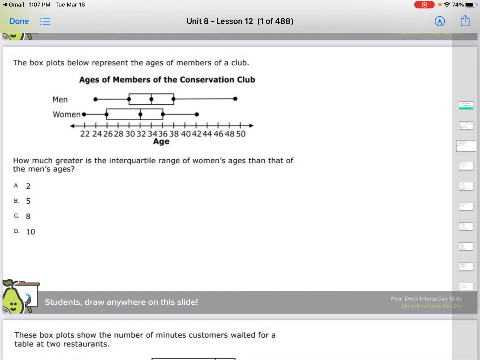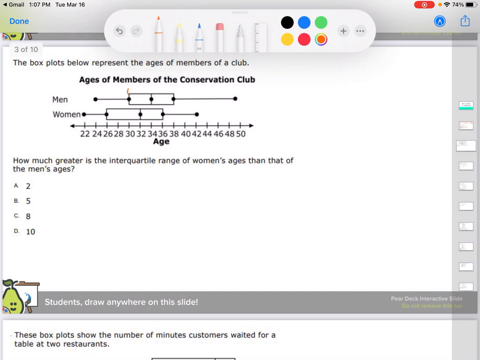How much greater is the interquartile range of the women's ages than that of the men's? Well, if you remember interquartile range, we're talking about the box. So we have 30 and 38 on the men. The interquartile range would be 8, because I'm doing 38 minus 30. The women, it's 22.